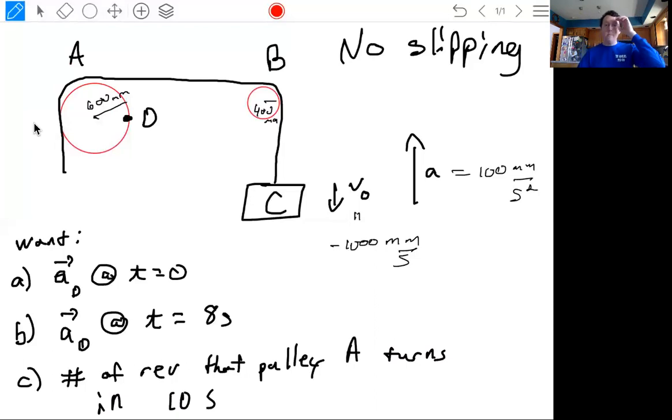Okay, so that's the goal. So we want to find those three things. We want to find the acceleration at point D at time 0. We want to find the acceleration at point D after 8 seconds, and then let's find the number of turns that wheel A goes through after 10 seconds. And we're assuming no slipping. That makes the analysis much easier.